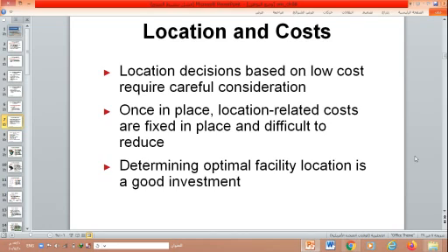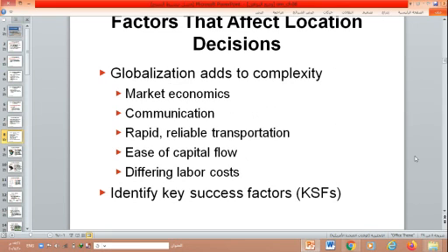Also, we said that once we have put in all of the sunk cost or the fixed cost in building a facility, it is very difficult to change. It is a fixed cost. Determining optimal facility location is a good investment for any organization.